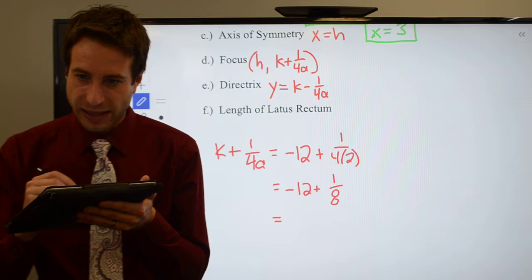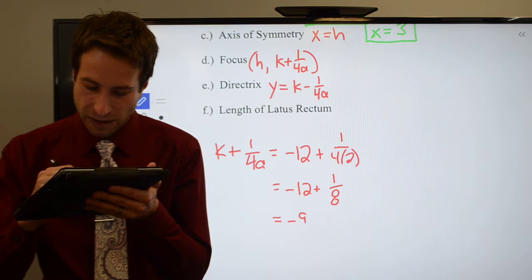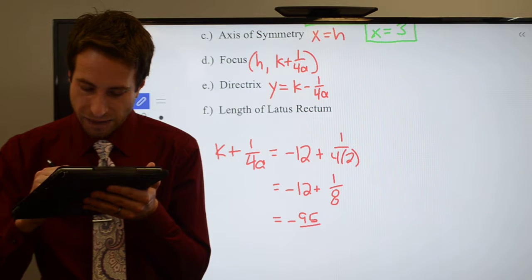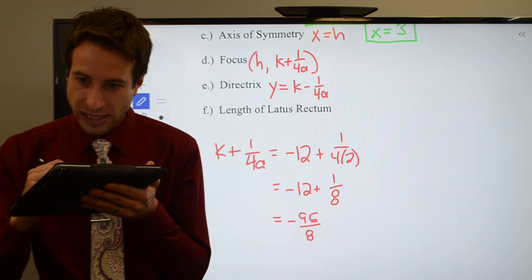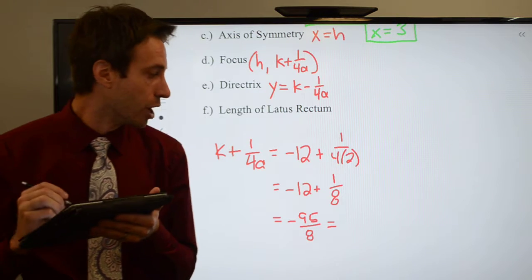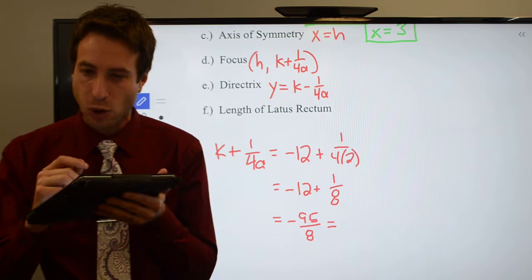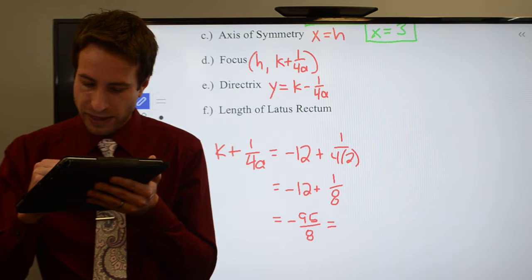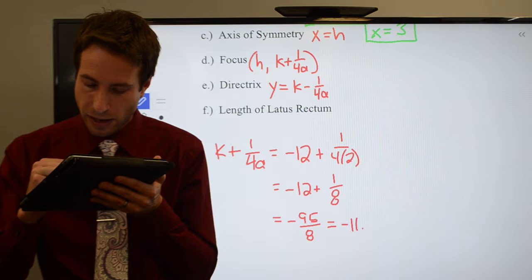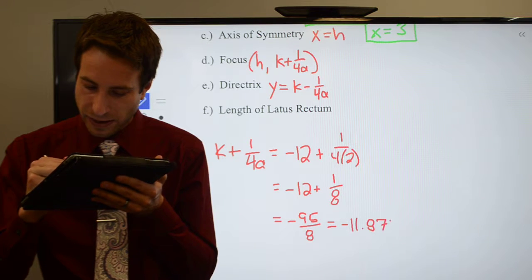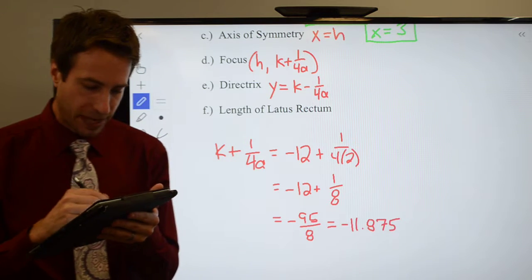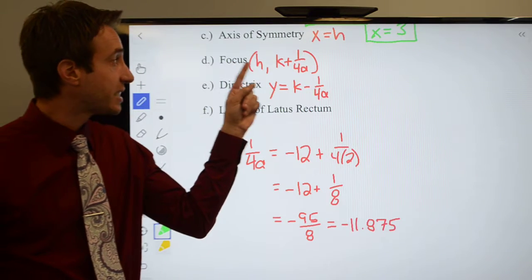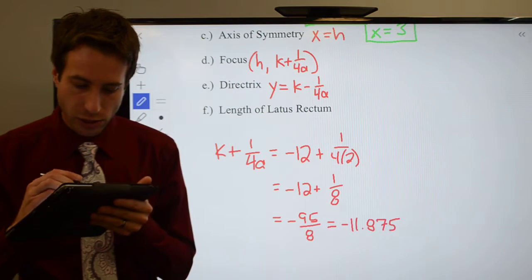Again, feel free to plug that into a calculator. I get -95/8. Since in most cases I would be asking you to graph this, a decimal will probably be better. That's -11.875.